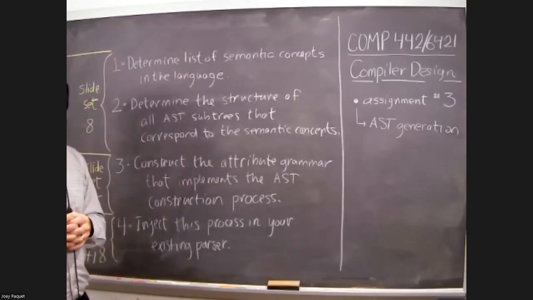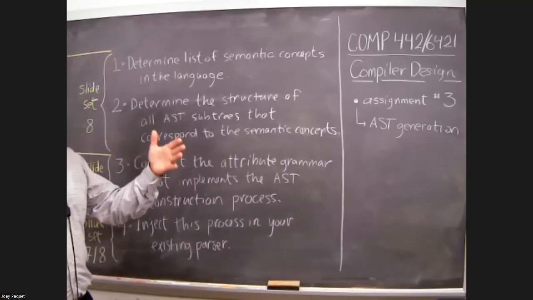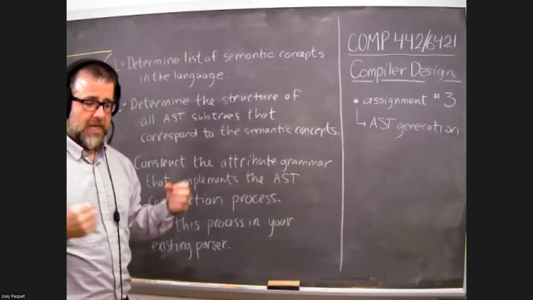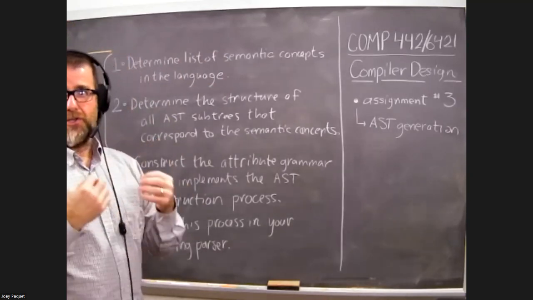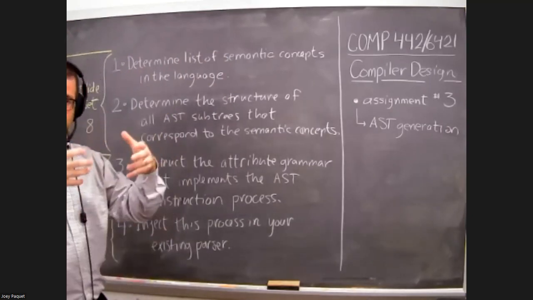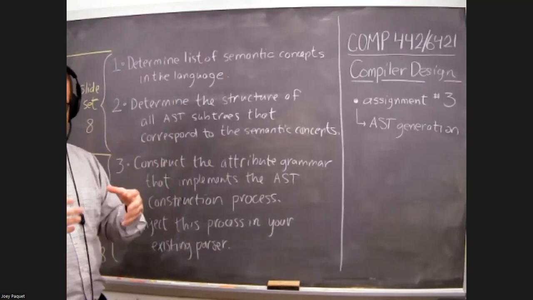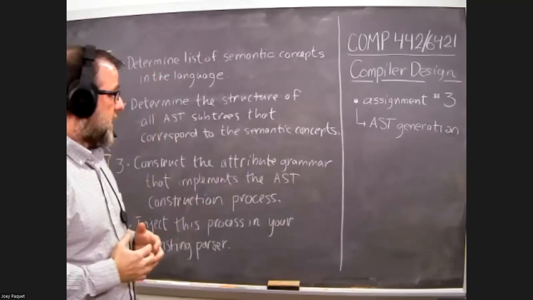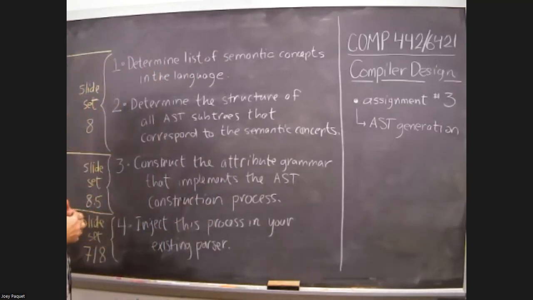And then you proceed incrementally up in the tree by aggregating each of the semantic concepts that are subordinate to a higher level concept. So you start from the subtrees, and then you aggregate to higher level supertrees that represent higher level semantic concepts.